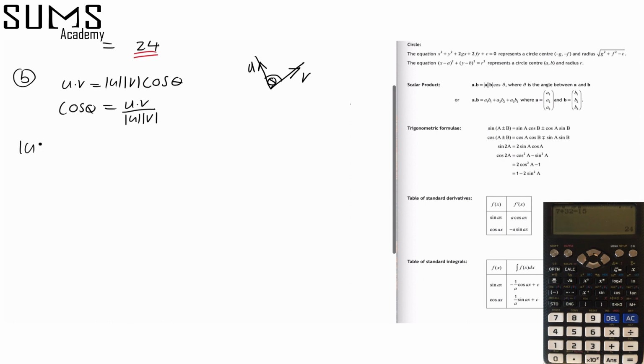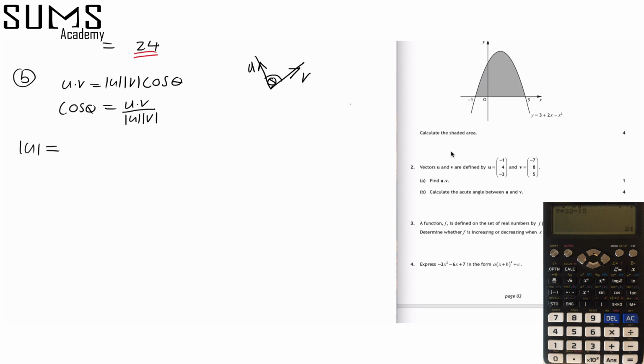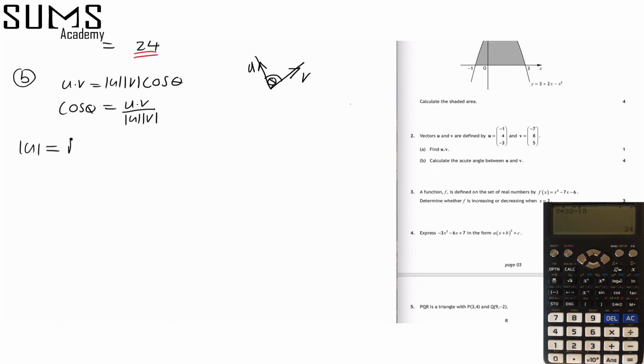So u is the square root of minus 1 squared plus 4 squared plus minus 3 squared. I'm just going to do 1 plus 4 squared plus 3 squared. The reason I didn't do minuses is because anything you square is going to be positive, so you don't need to worry about that.